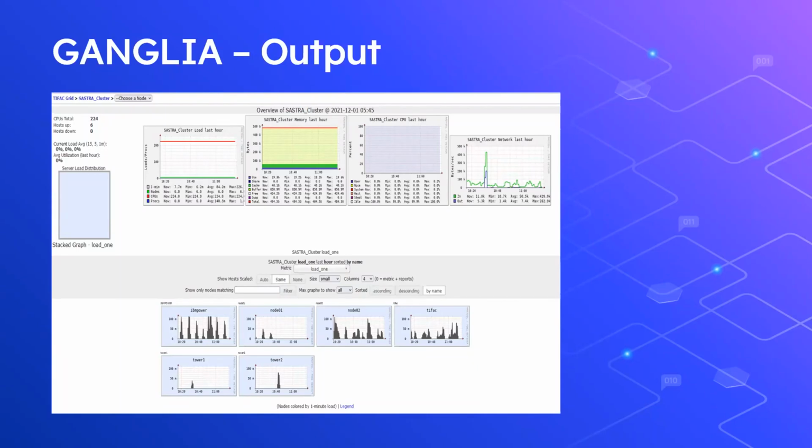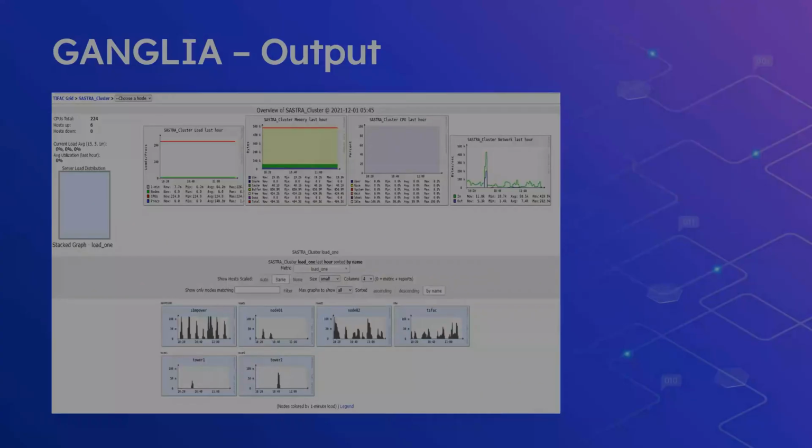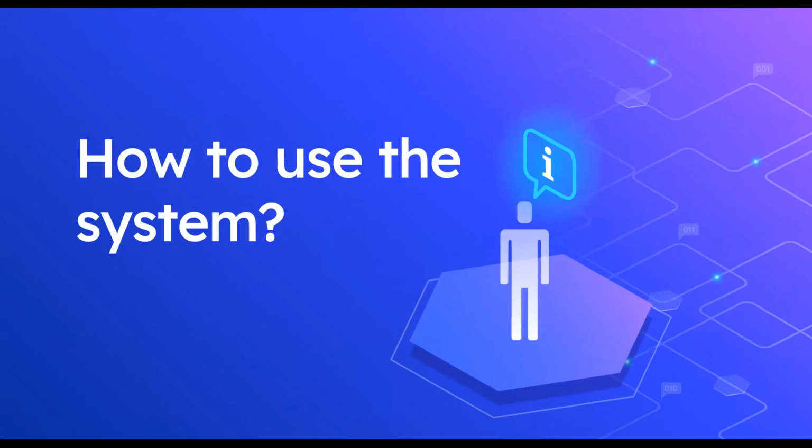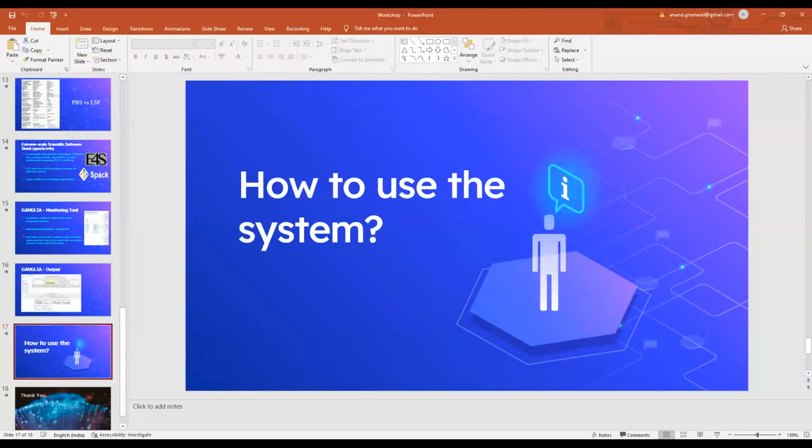Now I'm going to show how to log in to the system and how to launch a job here. I'm going to differentiate between an interactive run and a batch run, how to implement the batch run, and a little about the status of the system and its services.